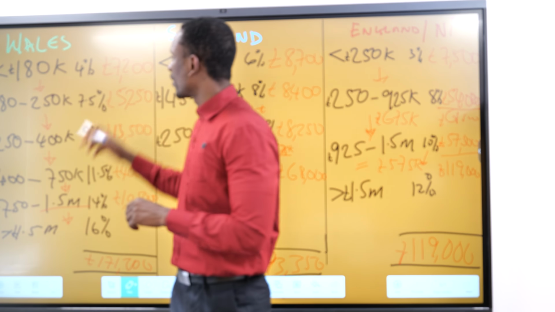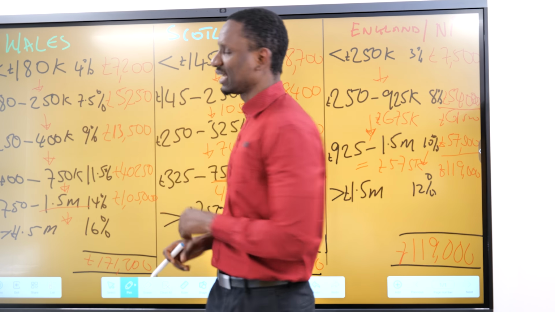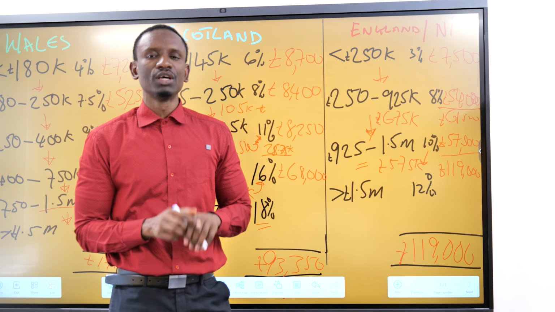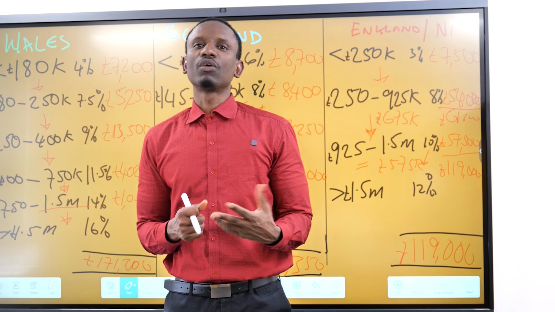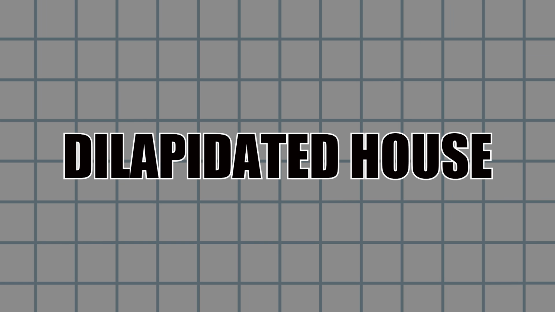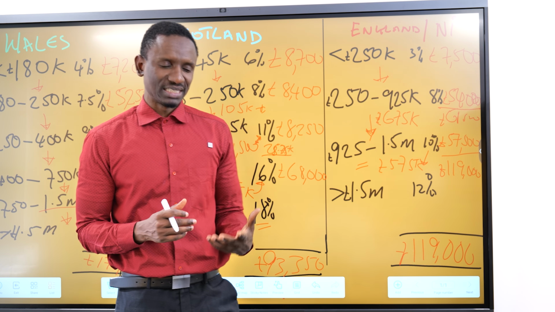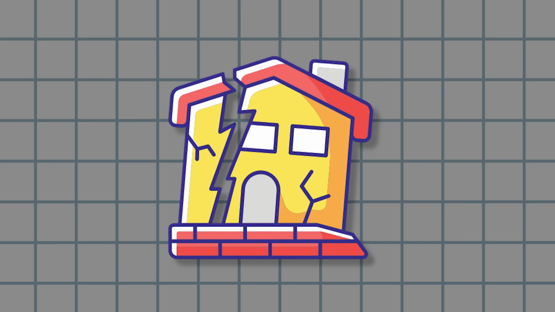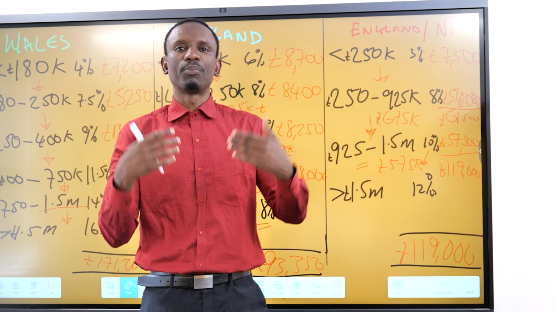In order to avoid paying taxes like this, because the law is kind of the same throughout the UK, look for dilapidated houses. So what do I mean by dilapidated houses? Dilapidated houses are houses that are uninhabitable. In essence, nobody can live in that property.